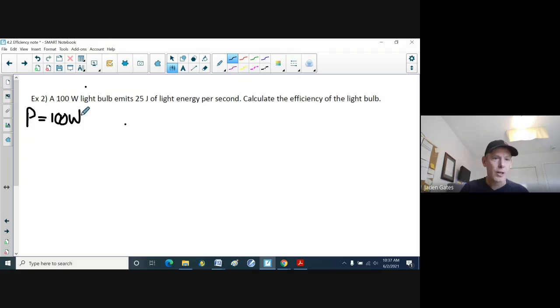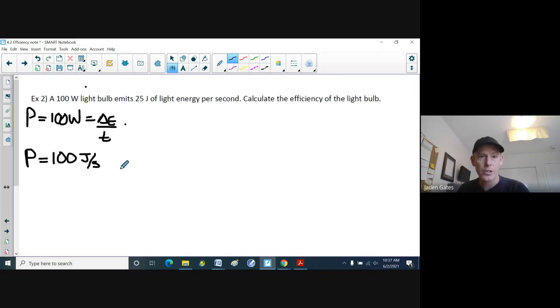Power is the amount of energy per second that it uses. So in this case, the power is telling us that it's using 100 joules per second. That's the amount of electrical energy it's drawing.